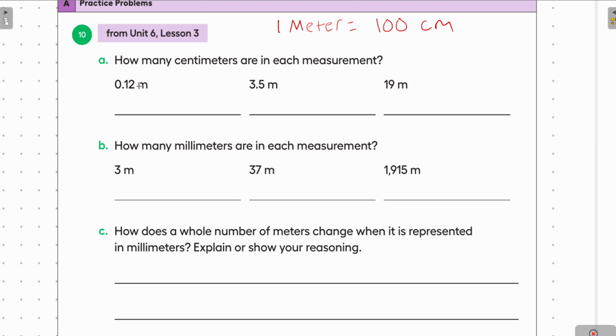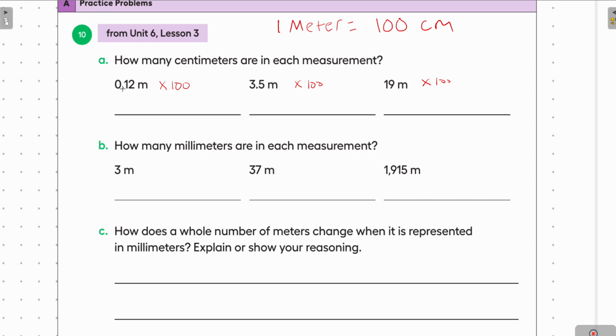So this in centimeters is going to be times 100, times 100, times 100. Okay, so how do we multiply 12 hundredths, 0.12 times 100? Very simple.